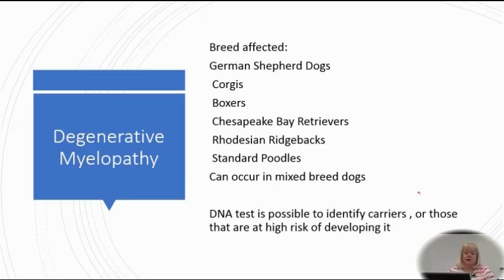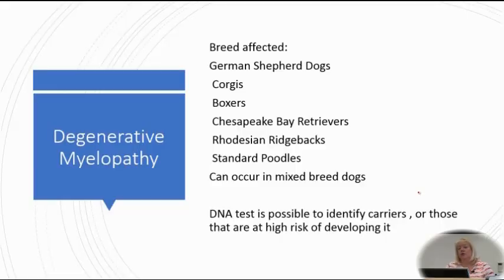So there is a DNA test that is available now. It's not an expensive test, but what it does is it's going to, because it's a recessive gene, and if you have 2 alleles for it, then you're at a high risk of developing it. So it's going to either give you a result where you don't have it at all, or you may have one that may be carried on one gene, so you are a carrier.